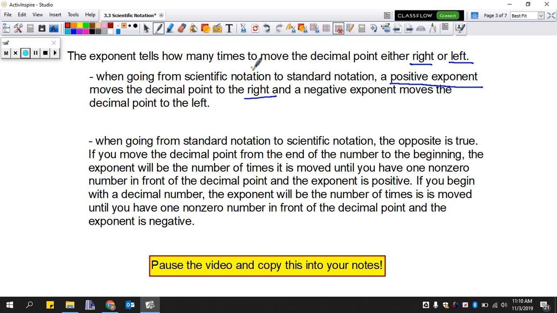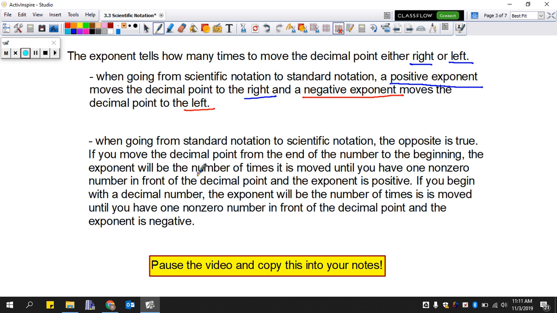If you're going from standard notation, or a non-scientific number, to a number that's in scientific notation, the opposite is true. If you move the decimal point from the end of the number to the beginning, the number of times it is moved until you have one non-zero number in front of the decimal point, the exponent is going to be positive.